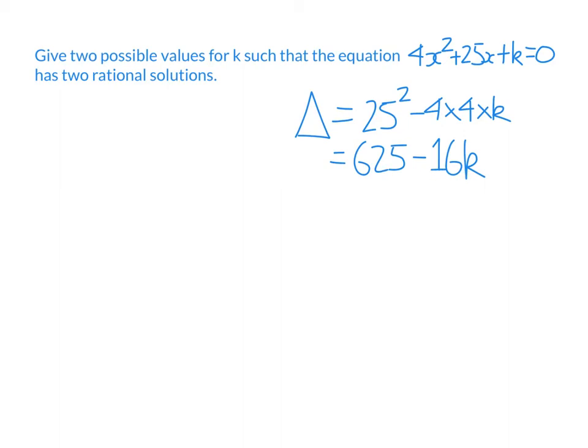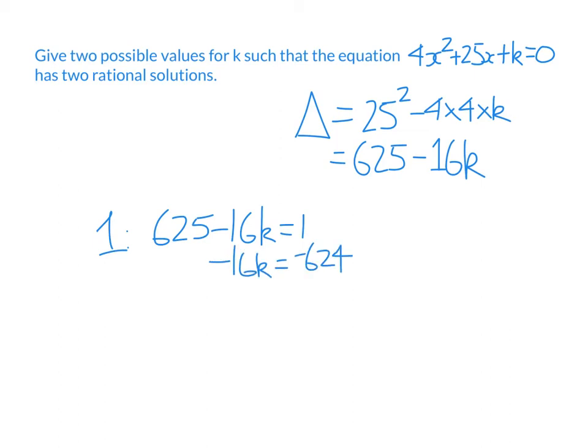So the first odd square is 1. So if we have 625 minus 16k is equal to 1, subtract 625 from both sides, and then divide each side by minus 16. And we get the number 39. So then we could try it with the next square number, which is 9.